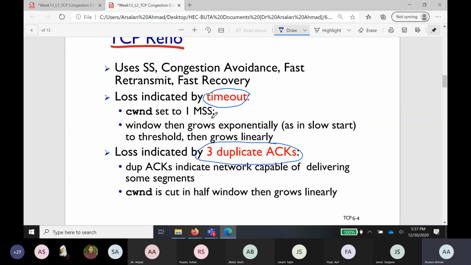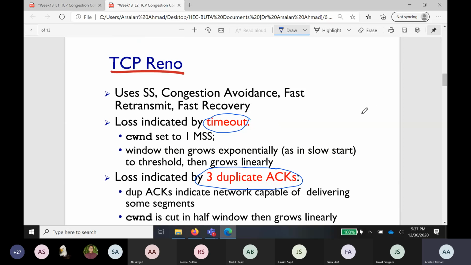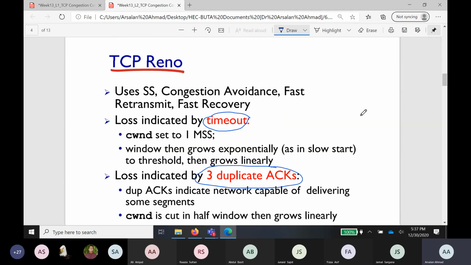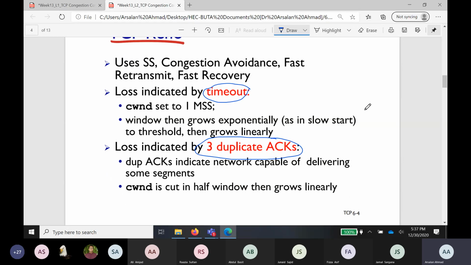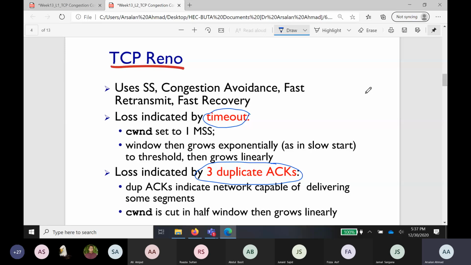You see, the world was very careful, very conservative, because of the internet congestion collapse. So Tahoe was a very careful congestion control algorithm, but first they got something up and running, then they said, okay, why not, let's try to do better. Can we do better?